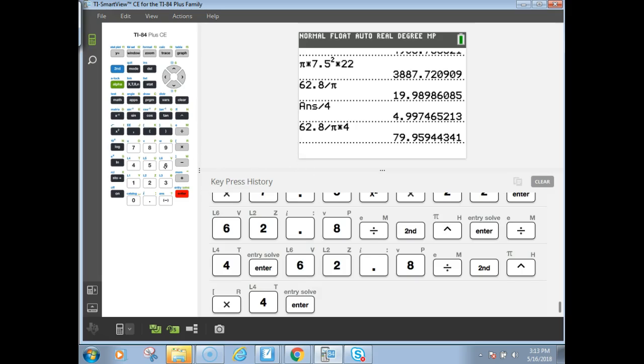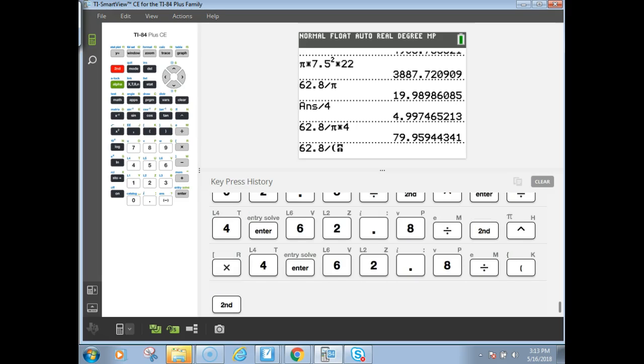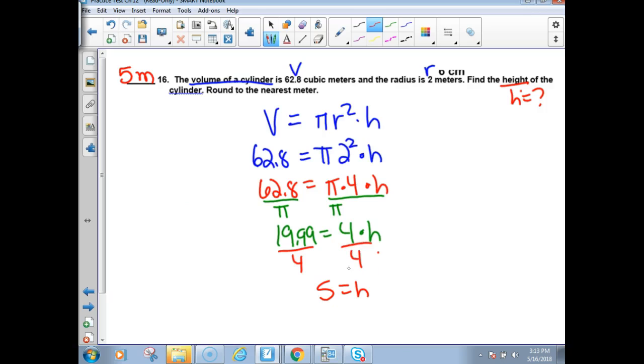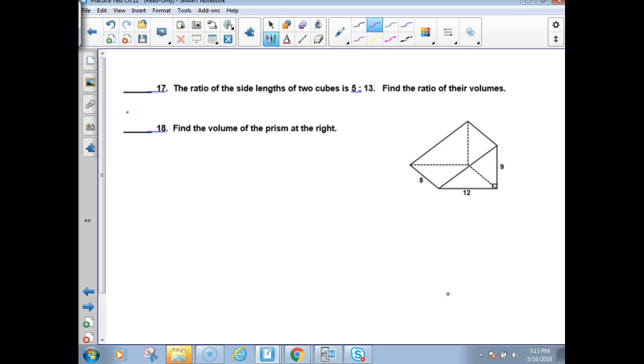So the only way that you can do it all at once, I know somebody in here did that, but nobody's telling me, is if you put parentheses around it. If you put 4 pi or pi times 4 in parentheses, and then divide by that whole thing, you're going to get the right answer. Okay? All right, just wanted to point out that glitch that can happen.